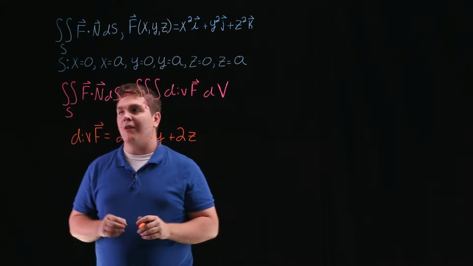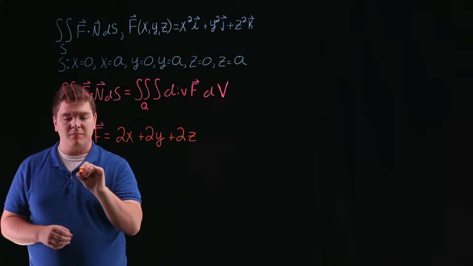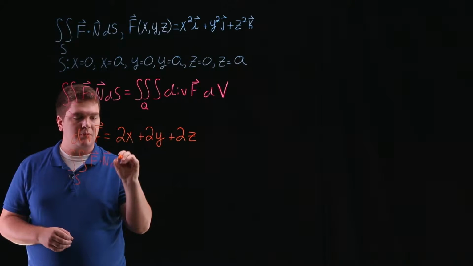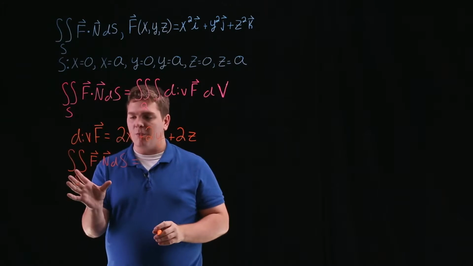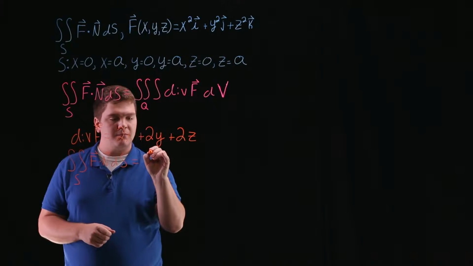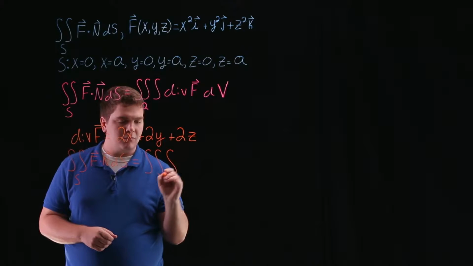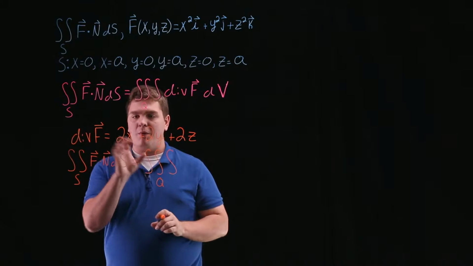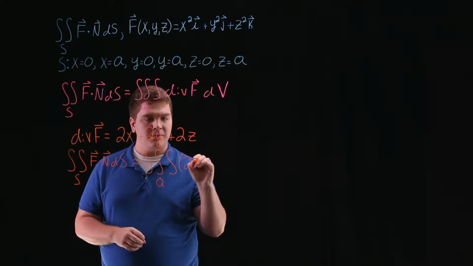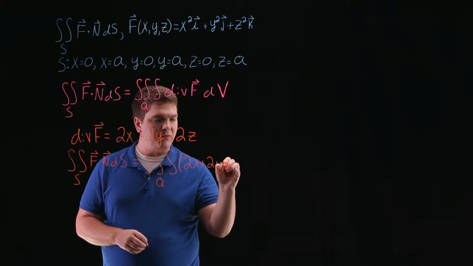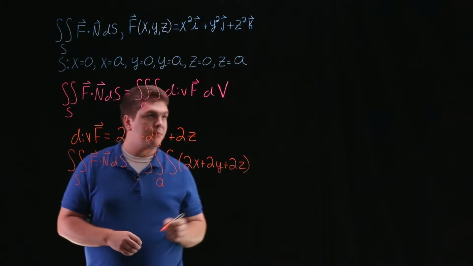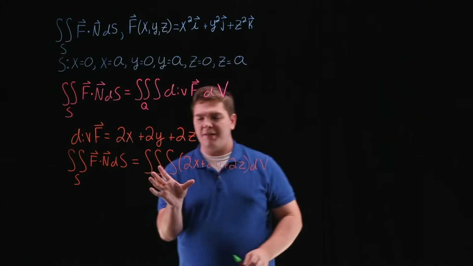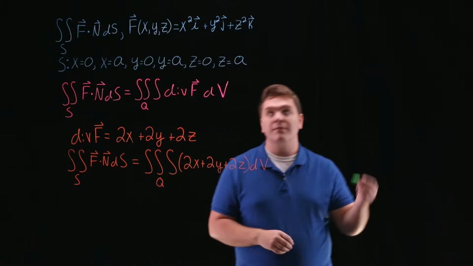So now, for our integral, we can instead write this as a triple integral over Q of the divergence of F, which we already found is equal to 2x plus 2y plus 2z. Now we're going to take this idea and actually find this integral.